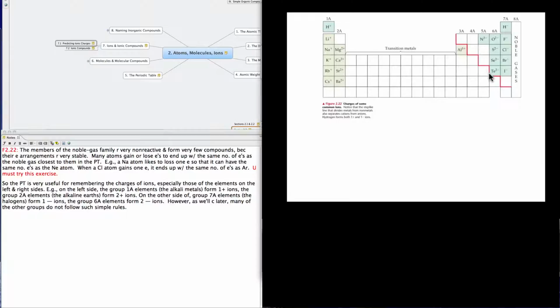On the other side, group 7A elements, the halogens, form ions with one negative charge. The group 6A elements form anions with 2 negative charge. However, as we're going to see later, many of the other groups don't follow such simple rules.